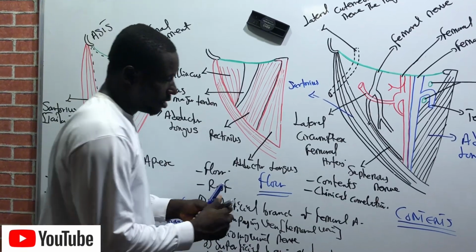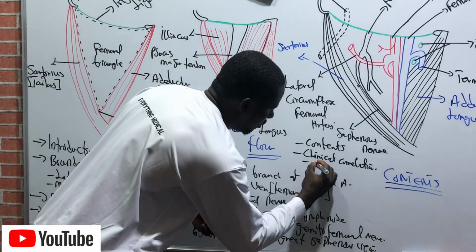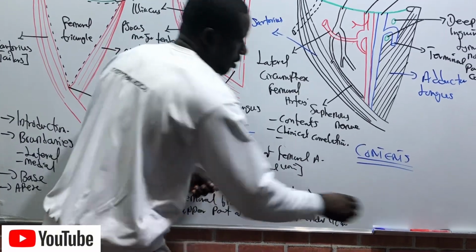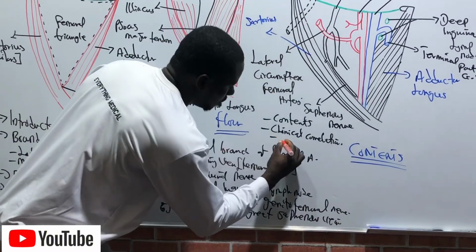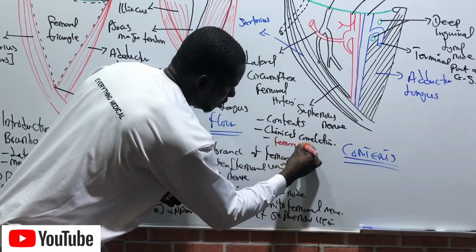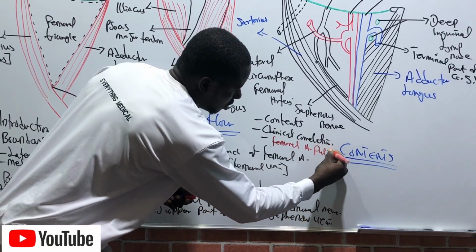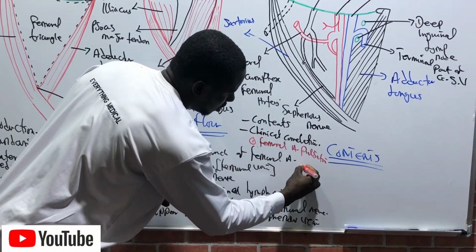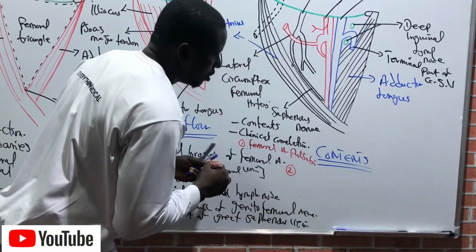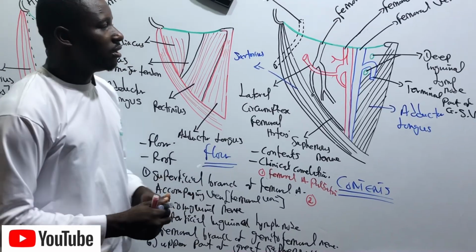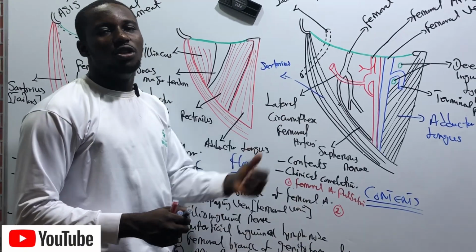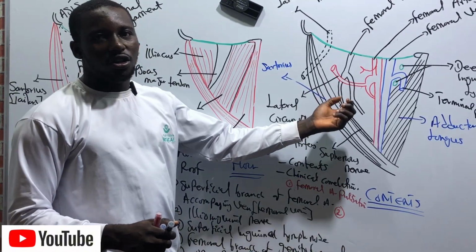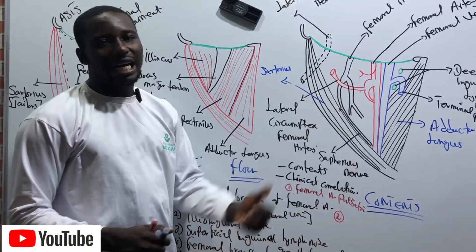Number one is femoral artery pulsation. Number two could be damage of the groin, which could lead to a lesion of the neurovascular structures or the vessels around the femoral triangle.